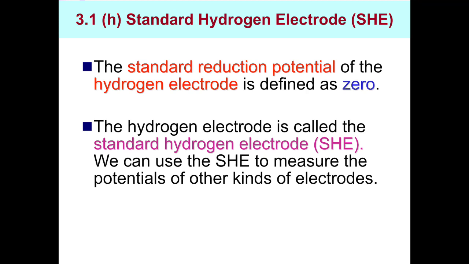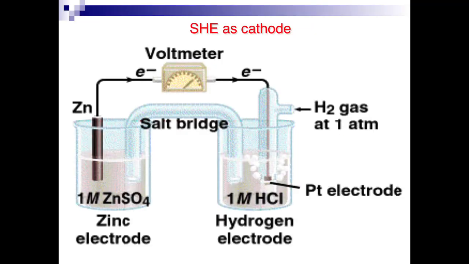We can use the SHE to measure the potentials of other kinds of electrodes. Let's see an experiment where SHE becomes cathode. In this experiment, SHE is paired up with a zinc electrode. How do we know that in this experiment SHE becomes cathode? We study the observations.